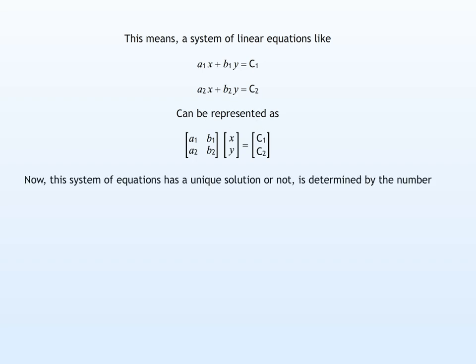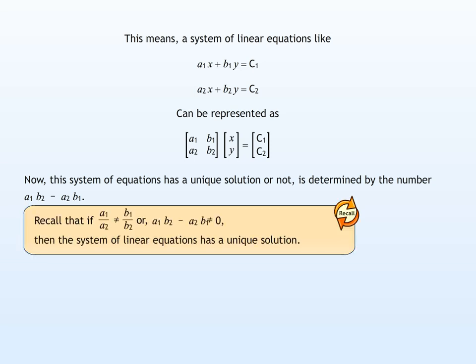Now, whether this system of equations has a unique solution or not is determined by the number A1b2 minus A2b1. Recall that the system of equations has a unique solution if A1 divided by A2 is not equal to B1 divided by B2, or A1b2 minus A2b1 is not equal to 0.